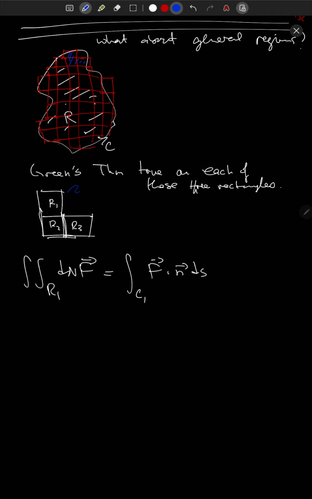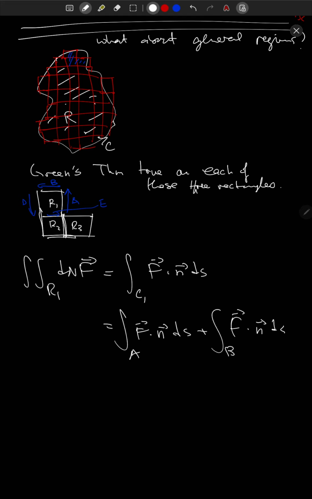Let me call this curve A, this curve B, this one, I guess I shouldn't use C, let me call this D, and this one E. So this is equal to the integral over A of F dot n ds, plus the integral over B of F dot n ds, plus the integral over D of F dot n ds, plus the integral over E of F dot n ds.